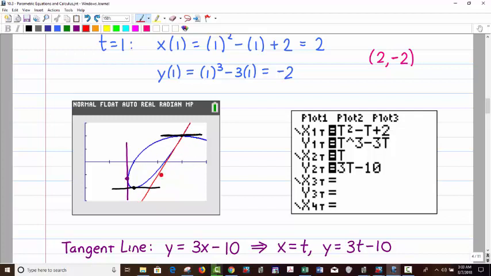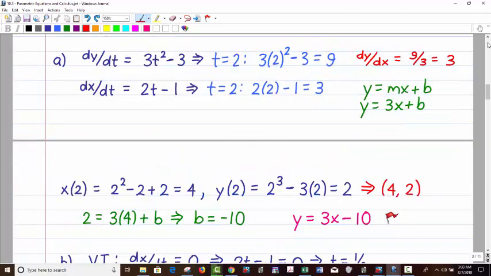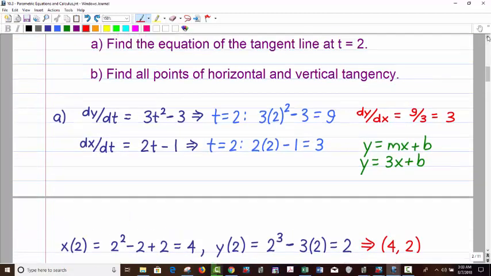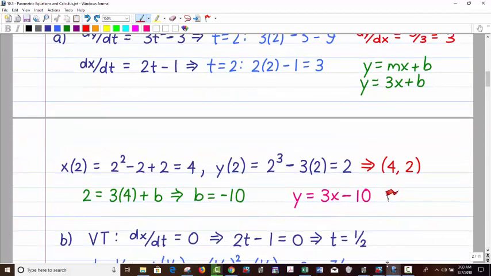And then you see the red line there is graphing at the point 4, 2. I'm sorry, what was that point? That's the horizontal tangent. I guess it was 4, 2.